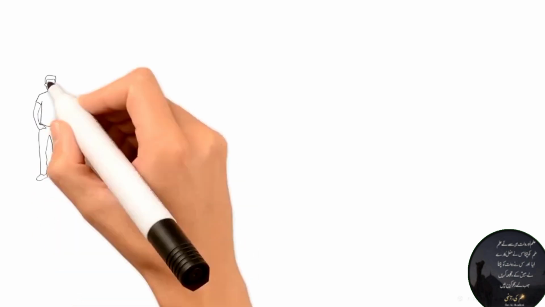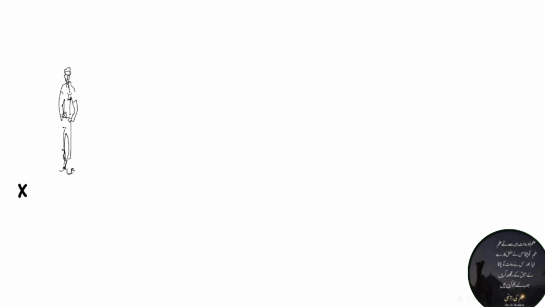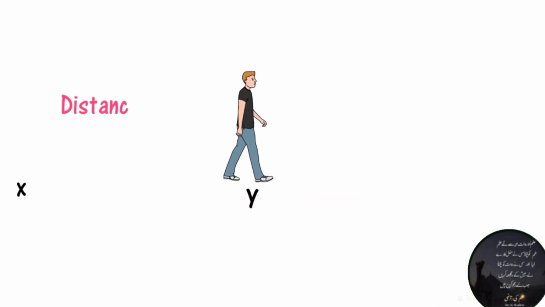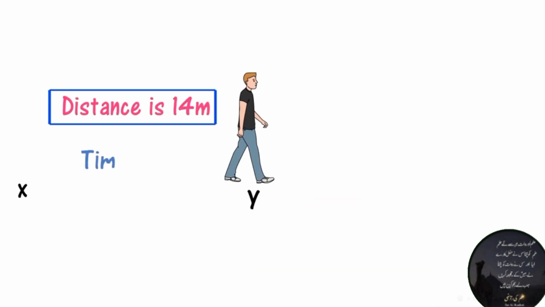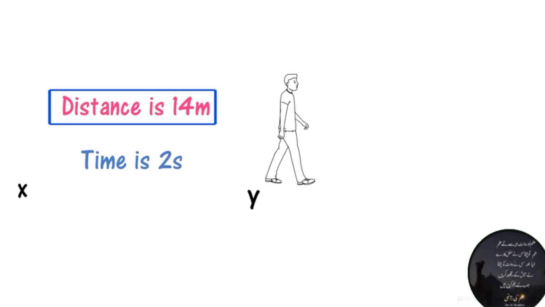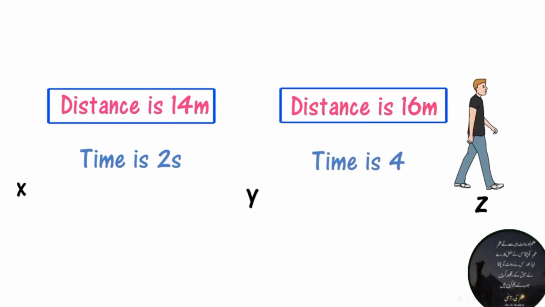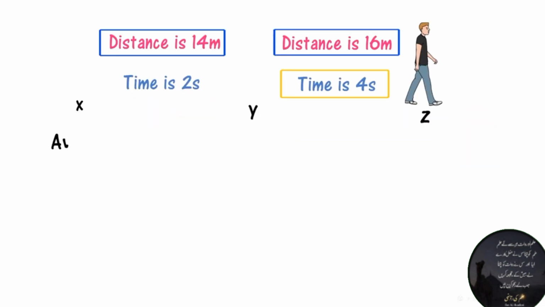If a person is standing at a point X and he is moving to the point Y, and the person is covering 14 meter distance in 2 seconds, and beyond point Y the person is moving to the point Z, and the distance he is covering is 16 meter in 4 seconds. Now how will I define the average speed?